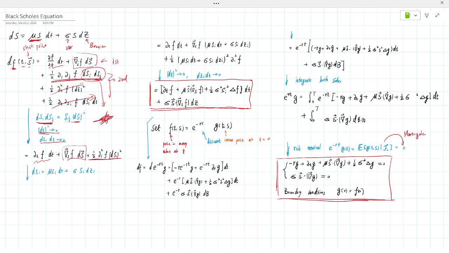Not dt. Sorry, ds is not solely Brownian motion. We need to expand this. So plug in ds in terms of dt and dZ. After some algebra, we have this expression.